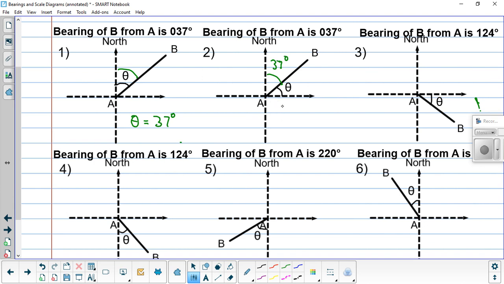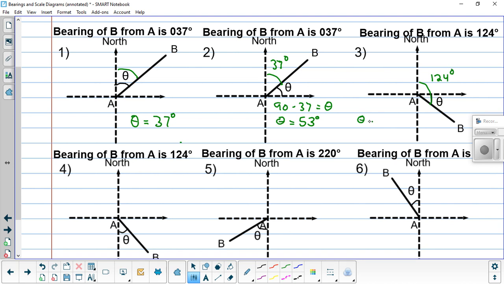So we go 90 minus 37, and you can drop the degree symbols in our calculations as long as you add them at the end. And that'll be equal to theta. So theta, when we do that, is equal to 53 degrees.